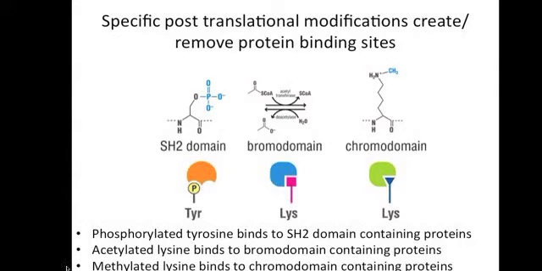Those are three different post-translational modifications, meaning an amino acid on a protein is modified either by addition of a phosphate group, an acetyl group, or a methyl group, right onto the amino acid. That changes the shape. Does that make sense? Would a phosphate change the shape of a protein? Yeah. Would it change the charge? Probably, right?